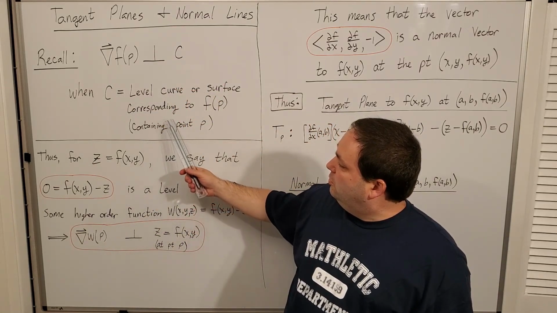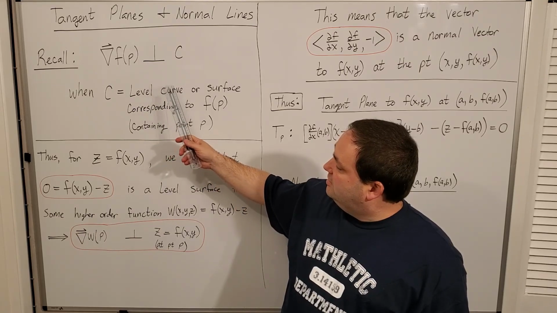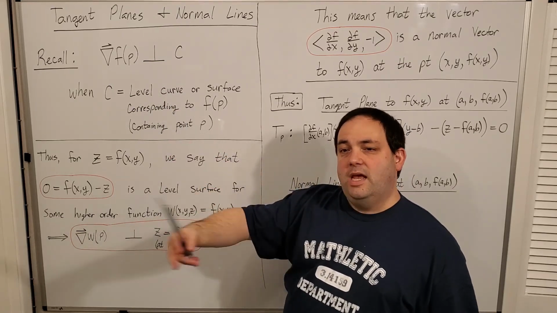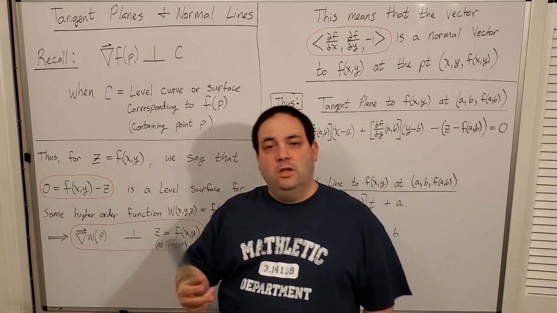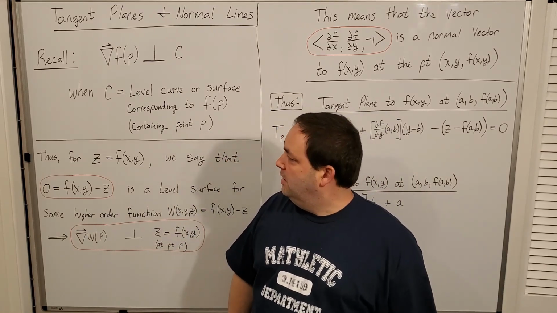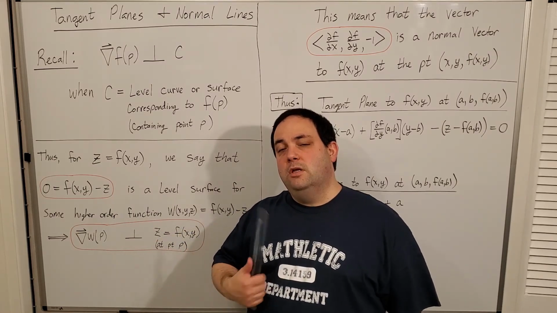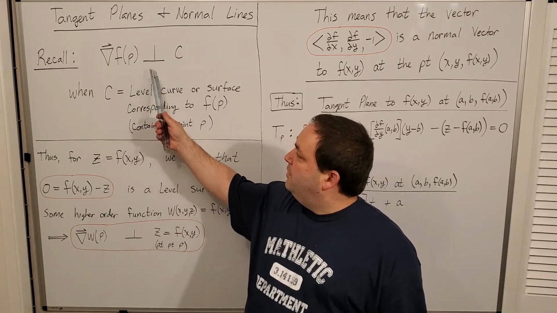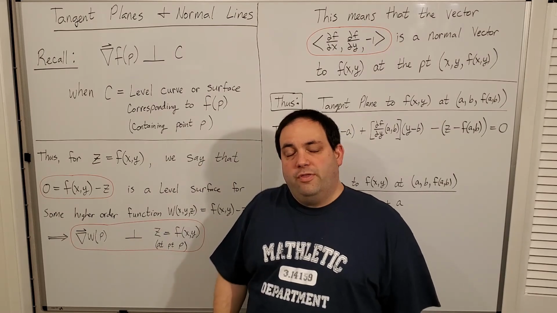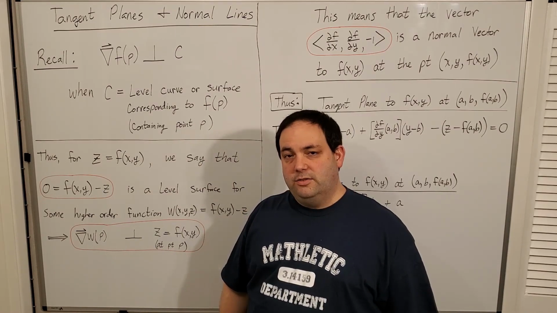Okay? So the level surfaces can give us an insight into different levels of the thing that we're graphing. But here we're going to go a different direction so that we can use this perpendicularity, orthogonality, to our advantage.